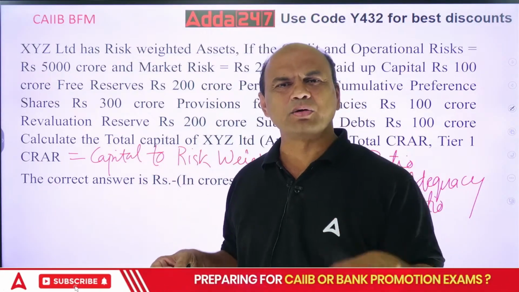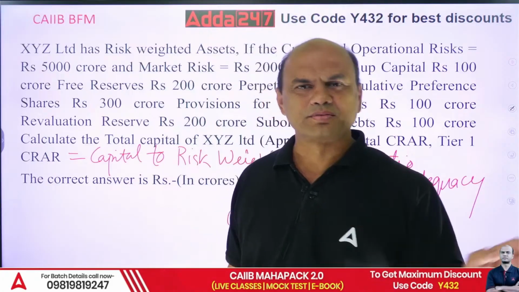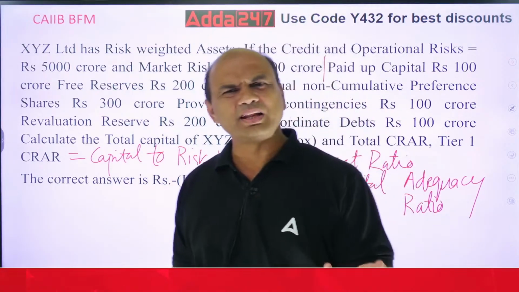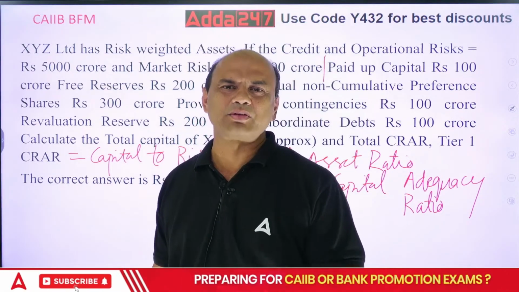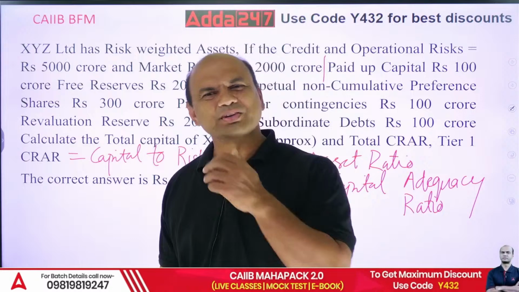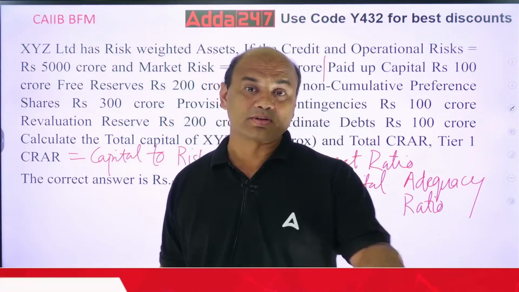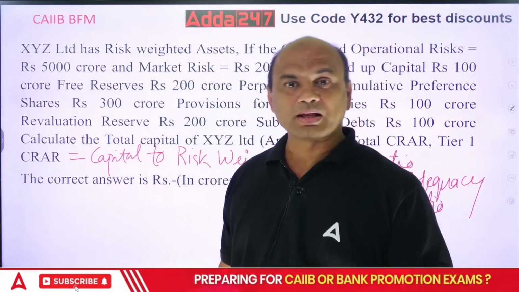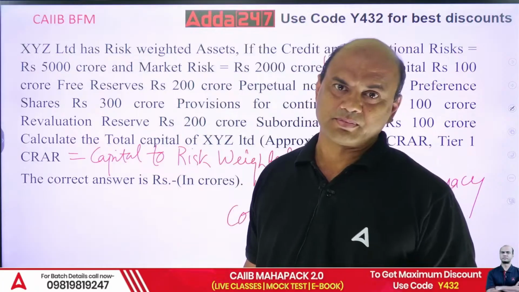Like in your pocket you have 100 rupees. If it falls down, then you won't feel any problem that much. You will feel bad for half an hour, 1 hour, but afterwards you will say, okay, theek hai, leave it. That is Tier 1 capital. Tomorrow there is 10 lakh rupees in your pocket. It falls down.